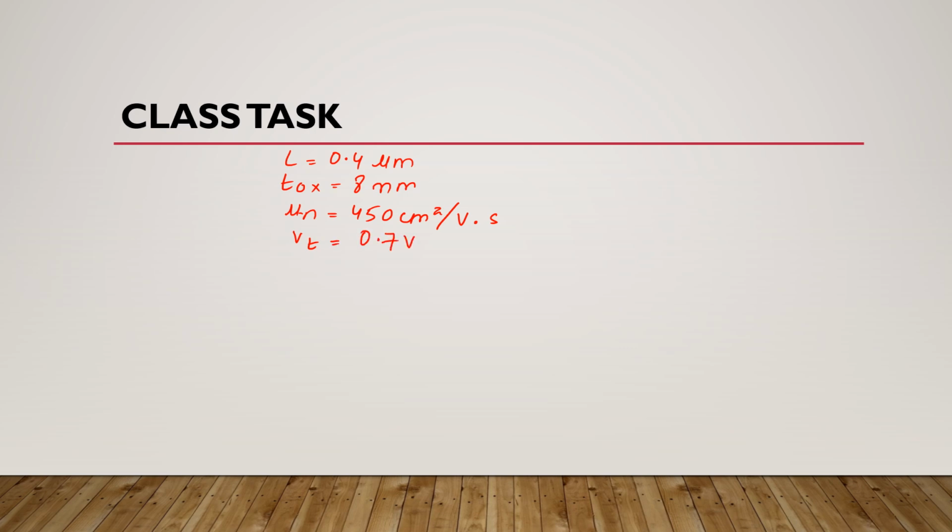Okay, now you have to find capacitance of oxide layer and process transconductance parameter here, and for a MOSFET with aspect ratio 8 micrometer divided by 0.8 micrometer, calculate the values of effective voltage and gate to source voltage that are needed to operate the transistor in the saturation region with a DC drain current ID, which is equal to 100 microamperes. Okay, so this is your class task.